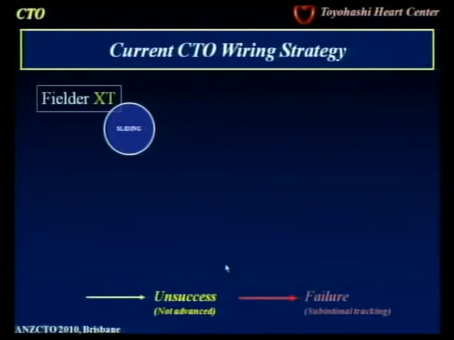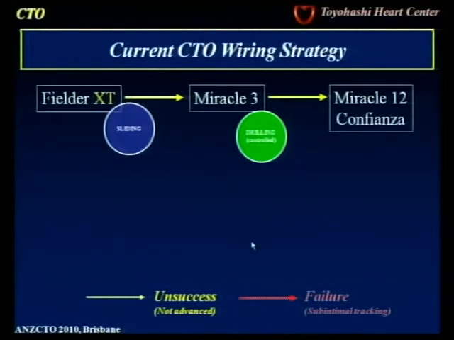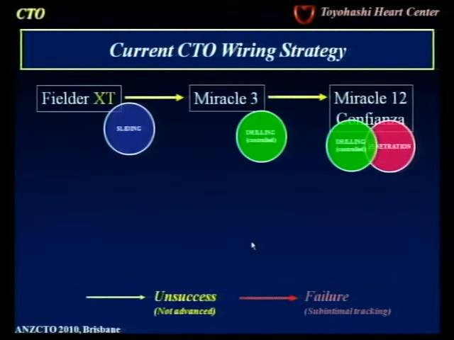Of course, it's not always successful, and sometimes it could not be advanced into the CTO. So we have to move to an intermediate wire as a drilling technique, and sometimes we need a stiffer wire like Miracle 12 or the Conquest family as a drilling or penetration procedure.